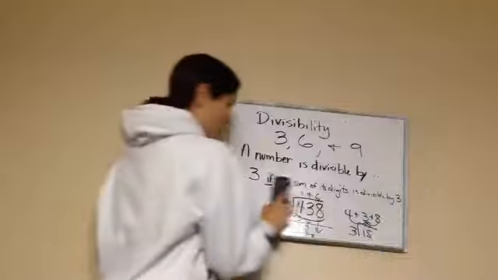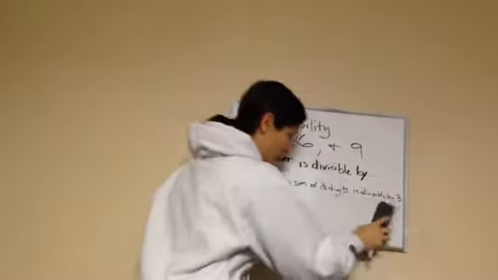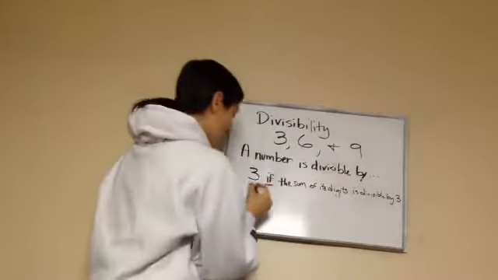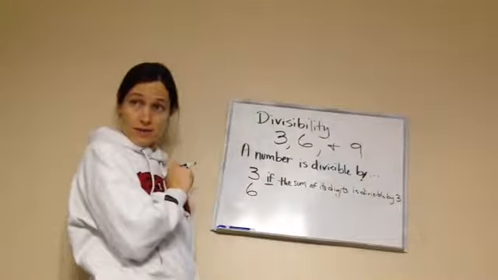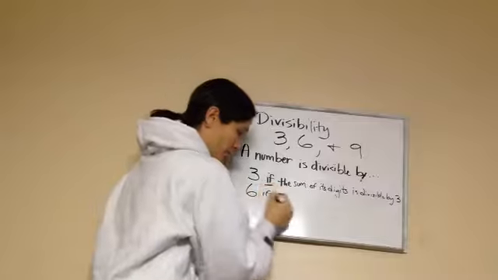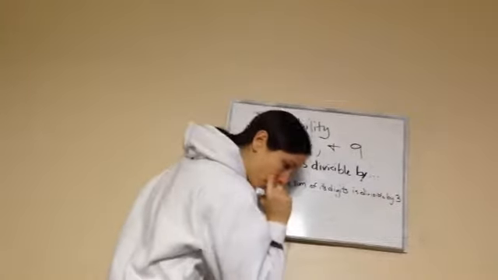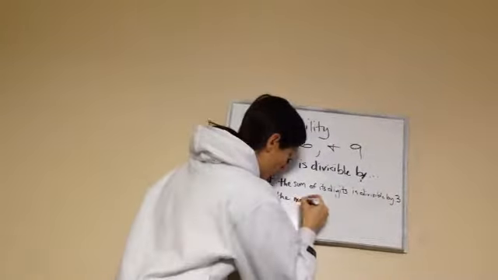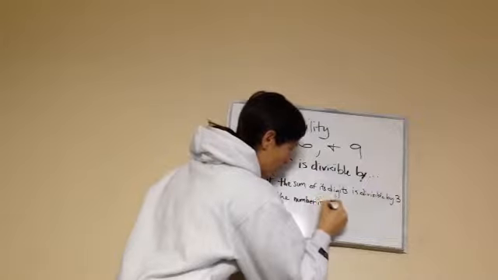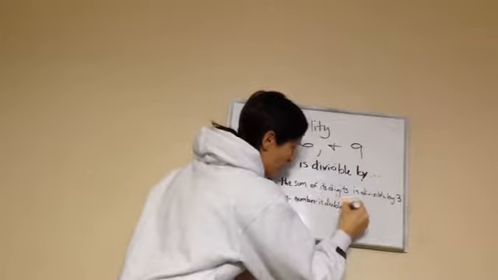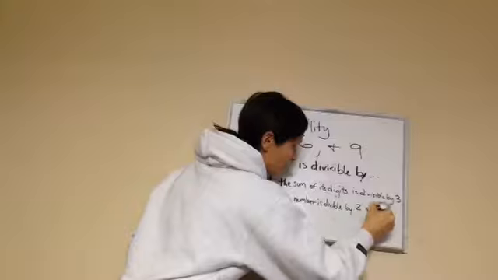All right? Now, let's try another one. A number is divisible by 6 if the number is divisible by 2 and 3.